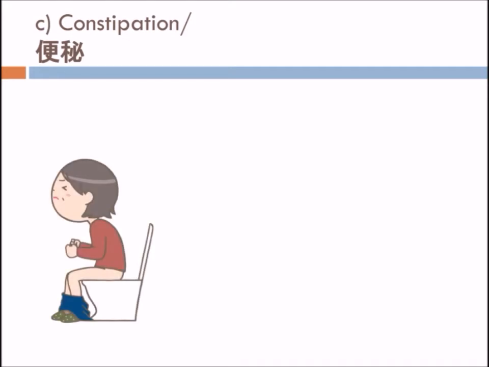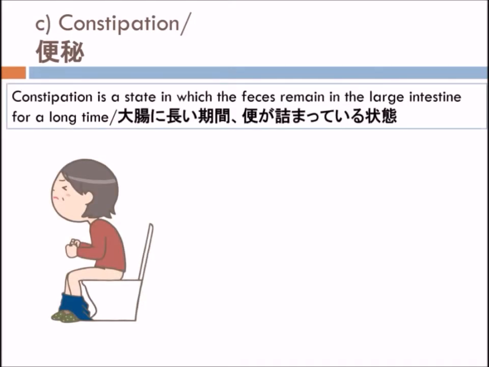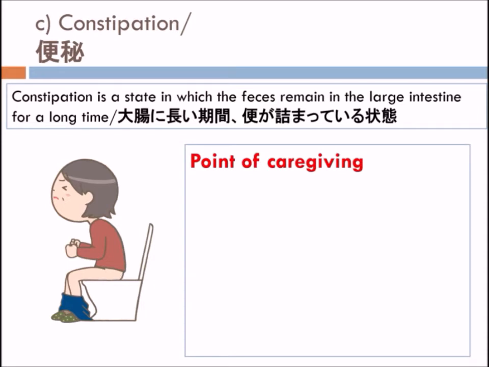Constipation. Constipation is a state in which the feces remain in the large intestine for a long time. Usually, the food intake will be excreted as feces in about 24 to 72 hours, caused by reduced functions of the intestine, loss of muscle strength, suppression of the urge to defecate, etc. Symptoms are lack of appetite, stomachache, nausea, etc. Point of caregiving.